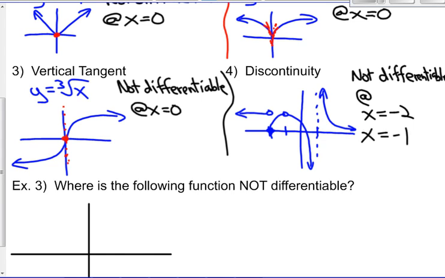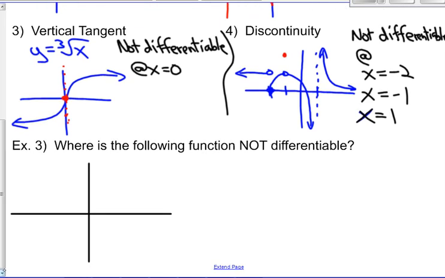There's a removable discontinuity there. And it wouldn't matter whether that was just a hole or whether it was a hole with another value up here. It would still not be differentiable at that point. It's also not differentiable at x equals 1 because there's an infinite discontinuity there. Okay. So if you have a discontinuity, not differentiable at those points.